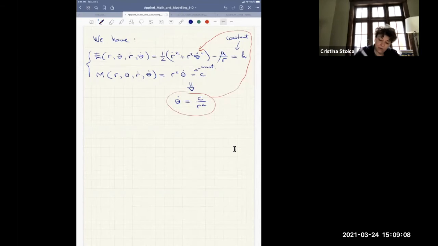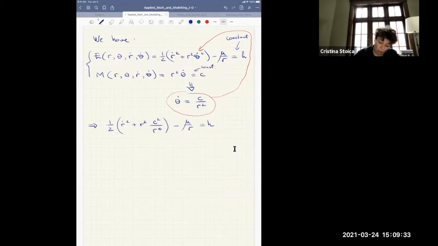So what happens? Then we have that the energy becomes 1/2 (r dot squared + r squared), and instead of theta dot, I can put that thing. So I'll have c squared over r to the fourth minus mu over r equals h.